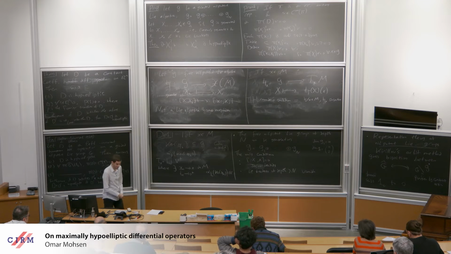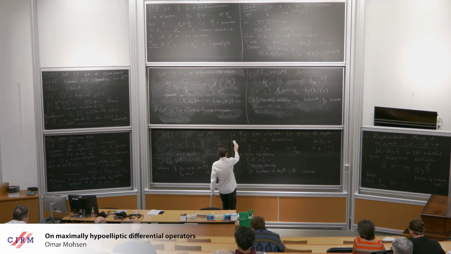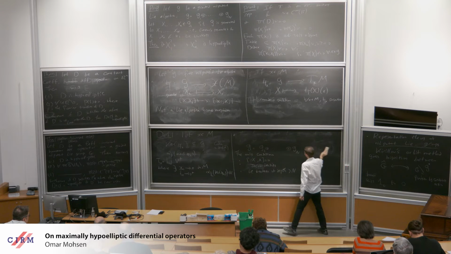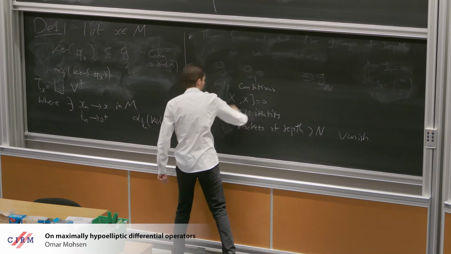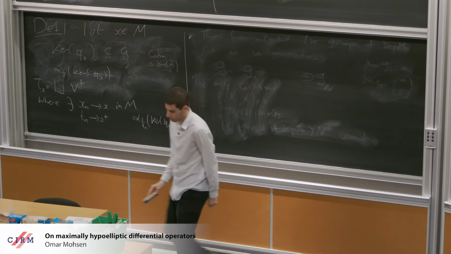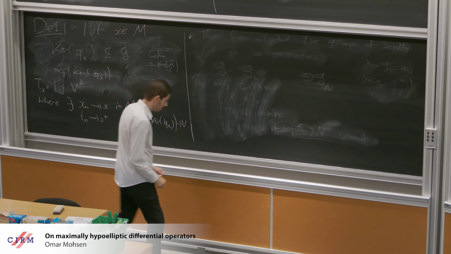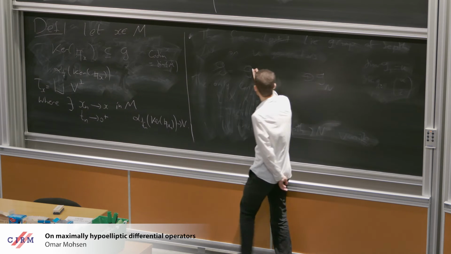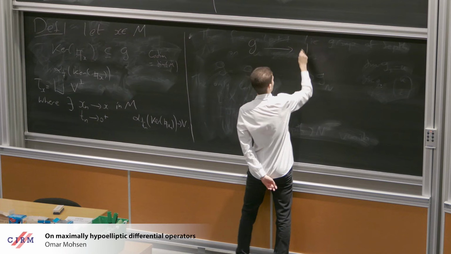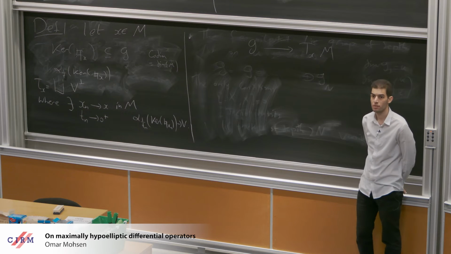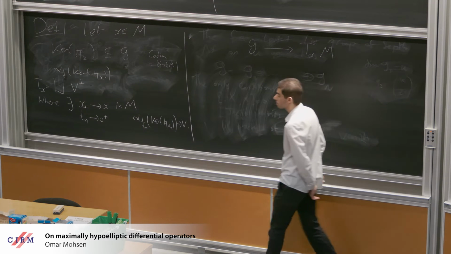It is this set. Where does it come from? I have this map. It is surjective. Okay, so I look at its kernel.